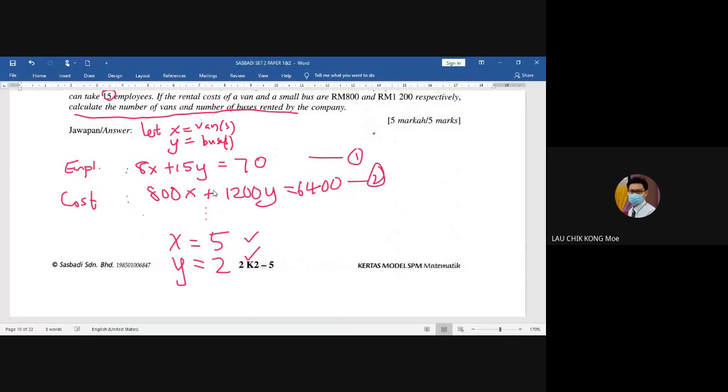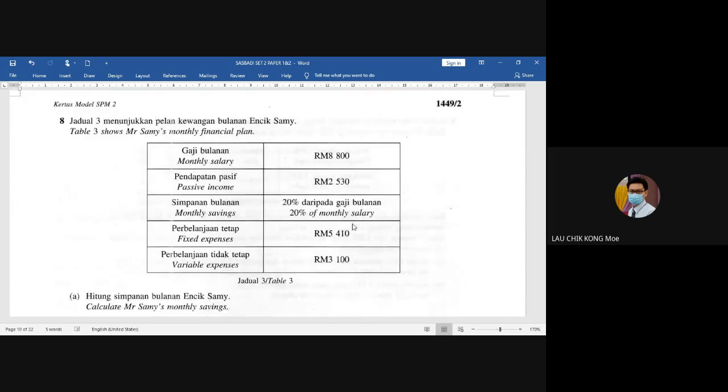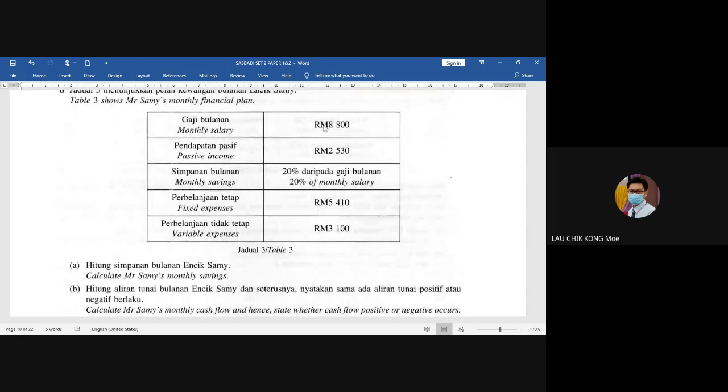Okay, question number 8 is about the cash flow. Ini sangat penting, cash flow, positive or negative. Many students get it wrongly. Okay, question number 8. The table shows Mr. Sami's monthly financial plan. Monthly salary 8,800. Passive income 2,530 ringgit. Monthly saving 20% from monthly salary.